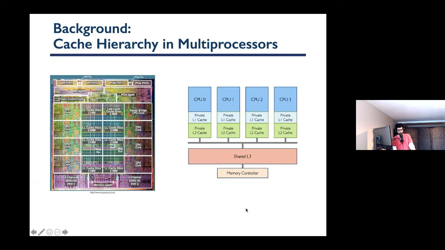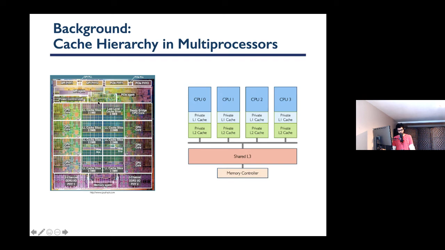So here is another picture of this. As you can see, I have the CPUs listed here. Here you can see the last level cache. This whole bank in the middle is the last level cache. It's shared between the CPUs. All the CPUs have access.